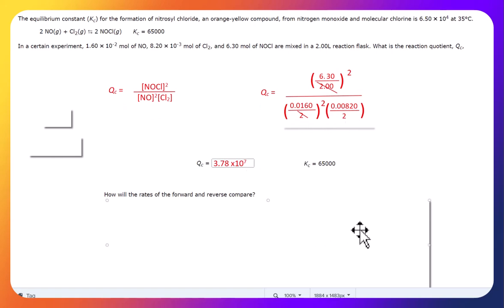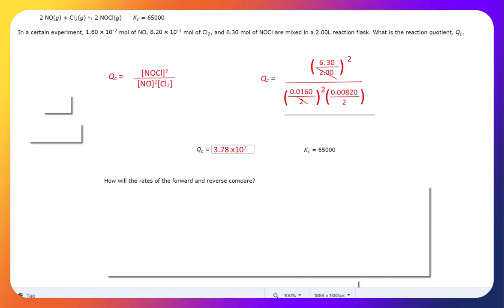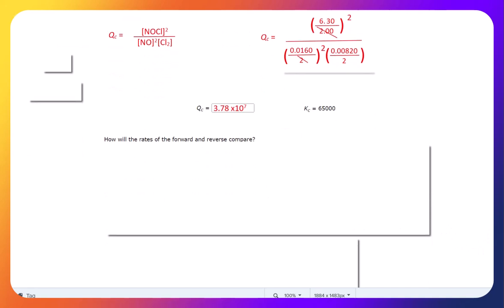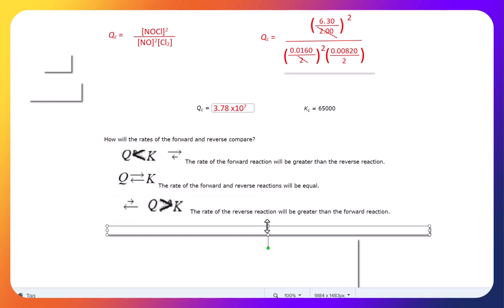So the next question that comes up is, how will the rates of the forward and reverse reactions compare? There's a number of choices. We can have the forward reaction go to make more products. Here's our little alligator, where my Q is greater than my K. If they're equal, then our forward and reverse reactions will be the same.